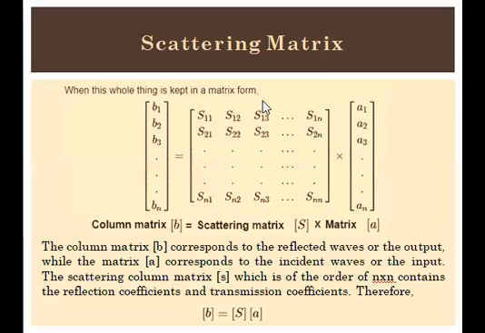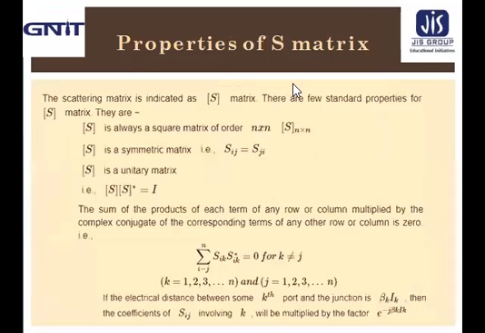Now, what are the properties of this S matrix? There are a few standard properties for this matrix. The first is that the S matrix is always a square matrix of order n into n.